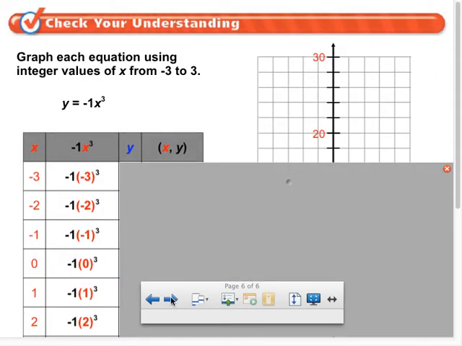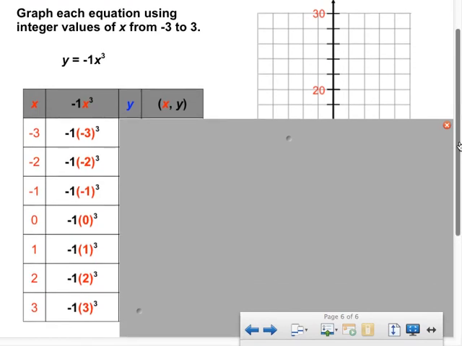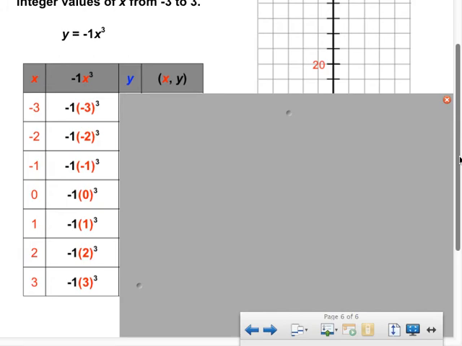Last but not least, can we go ahead and graph this? Graph each equation using integer values from negative 3 to 3. What do we get? First one, what's it going to be? If you look at what's happening, oh, it's the power of 3.